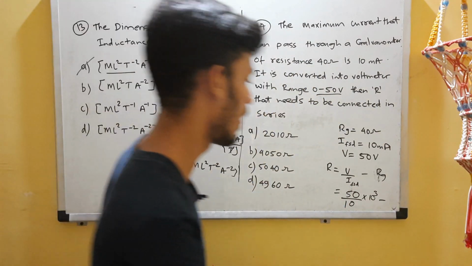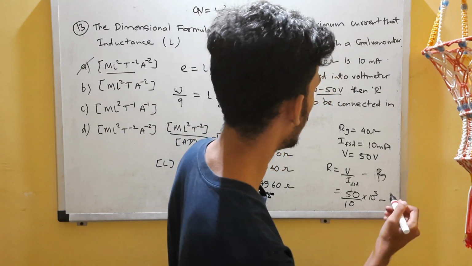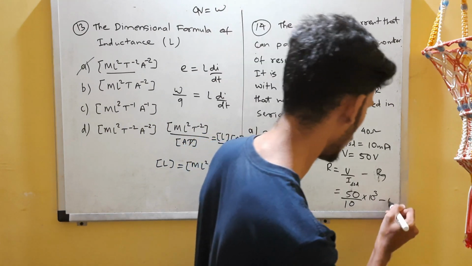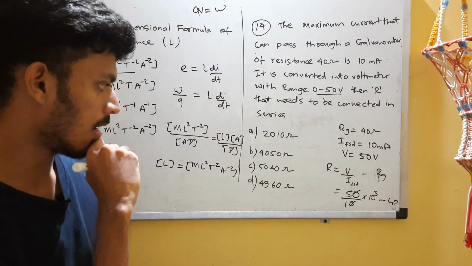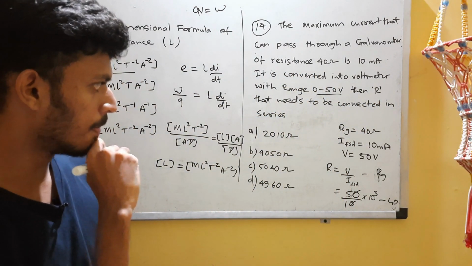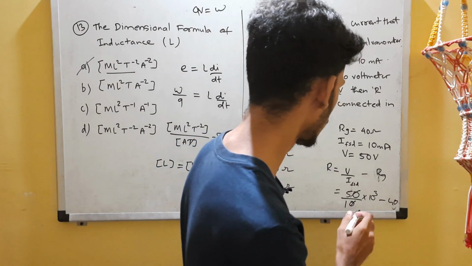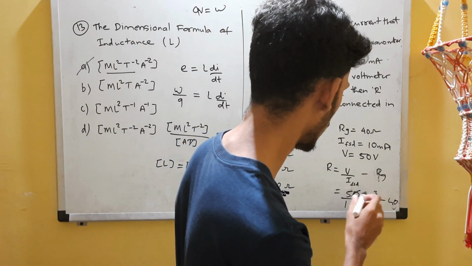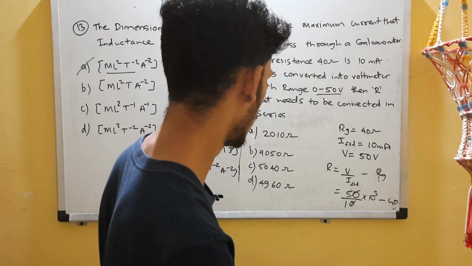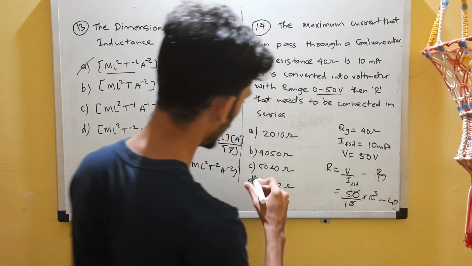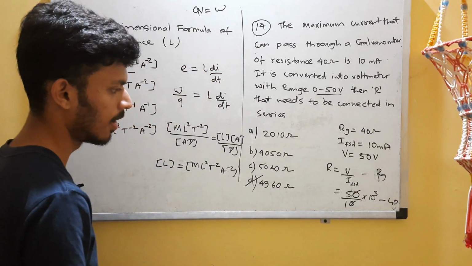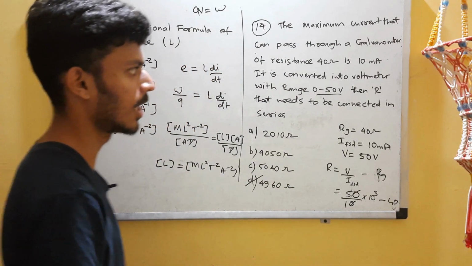Then finally we'll have 50 over 10 into 10 to the power minus 3, minus 40. Okay, fine. This and this cancel. 5000 minus 40. I think I'm missing something over here. Yeah, it's correct. 5000 minus 40, that is 4960. Okay, yes, 4960 is the correct choice over here.